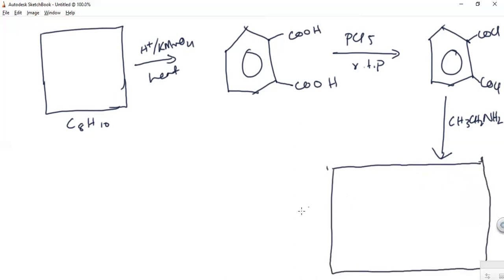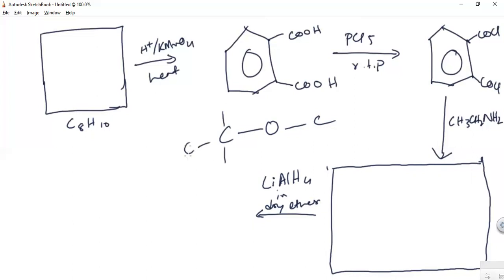From here, when they have provided LiAlH4 in dry ether, ether is another organic substance which we don't have in our syllabus, but we tend to have some basic knowledge. Ether is a molecule with carbon, oxygen, and carbon, like this sort of bond.